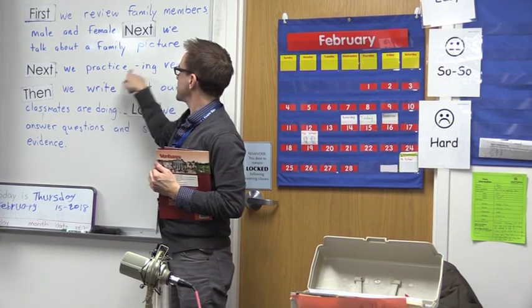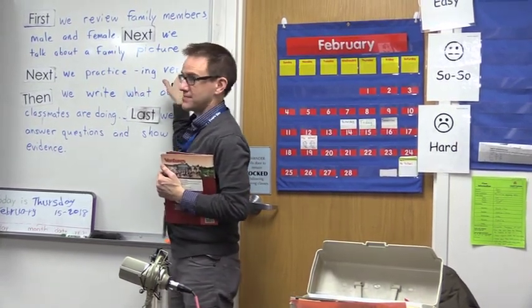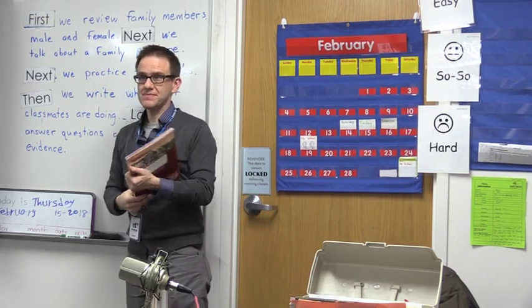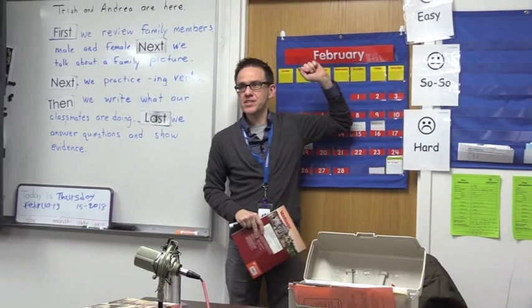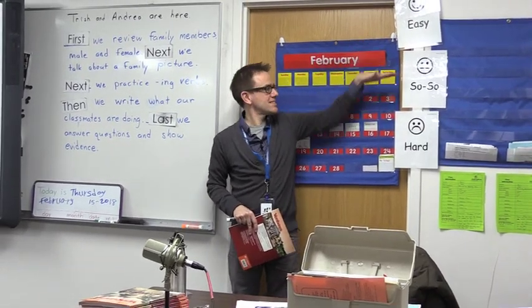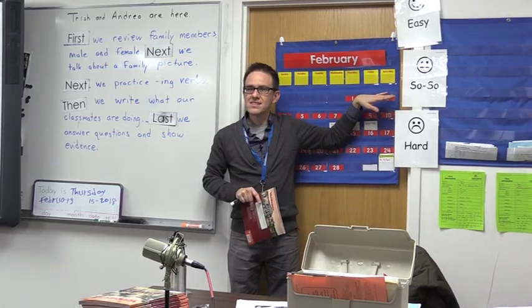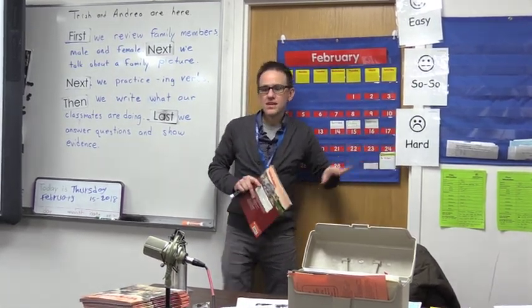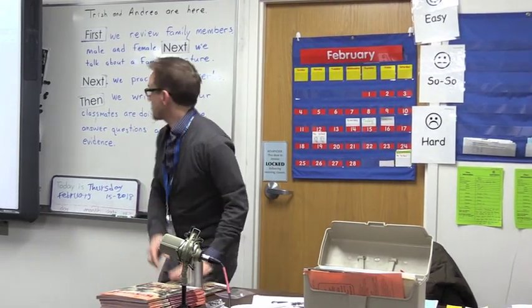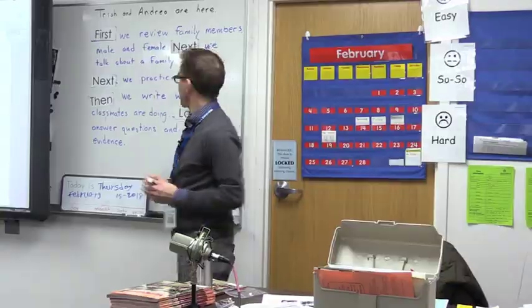We practiced verbs. How was that? What do you think? Cooking, talking, walking, easy, so-so. How do you feel? Easy. Okay. Good. So after break, we're going to work more with our names and with these actions.